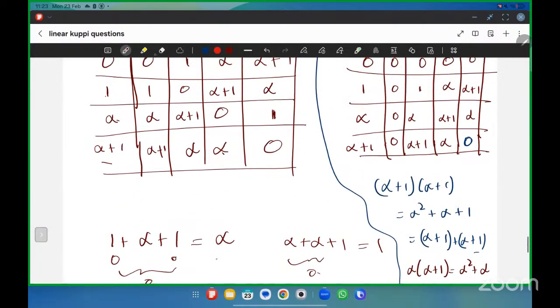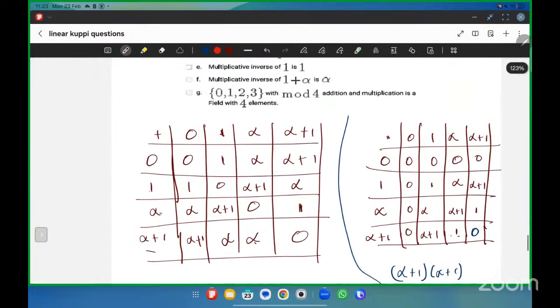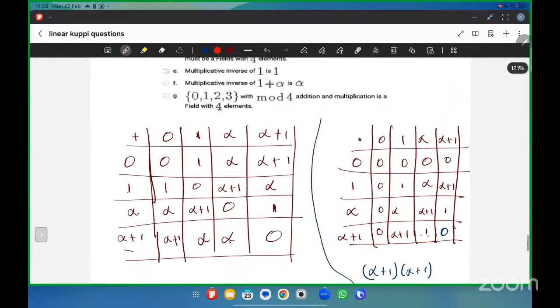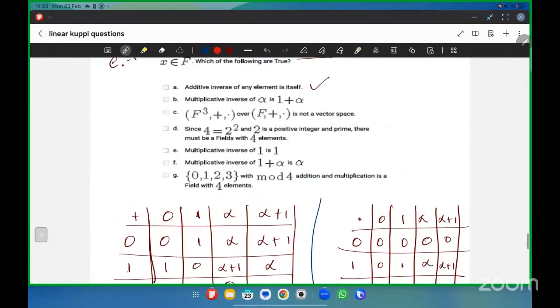So here it should be 1, and here also. So the multiplicative identity is 1, and the inverse of alpha plus 1 is alpha, and of alpha is alpha plus 1. So the second one is also correct.